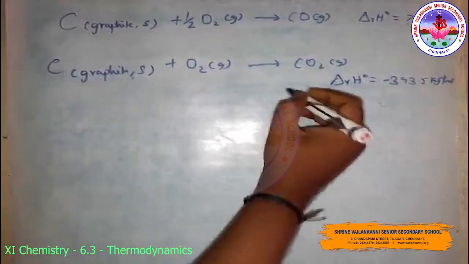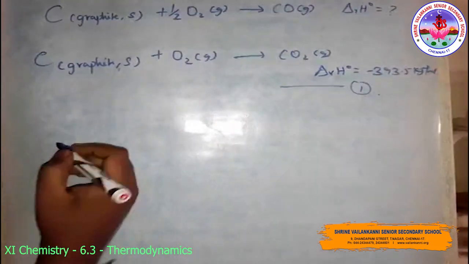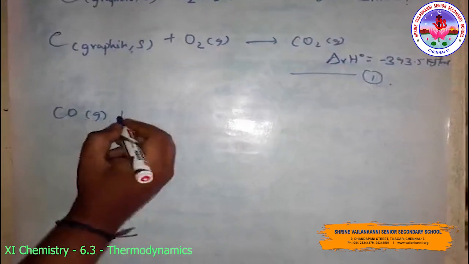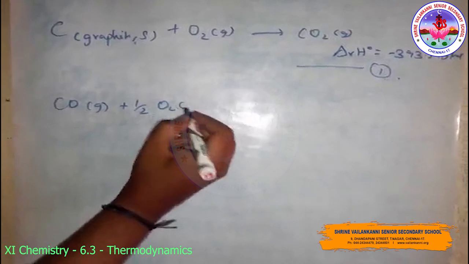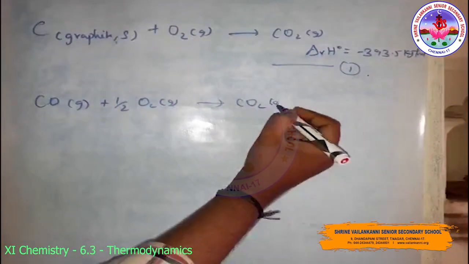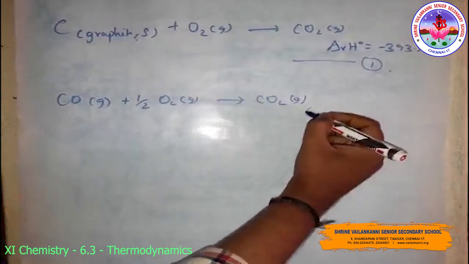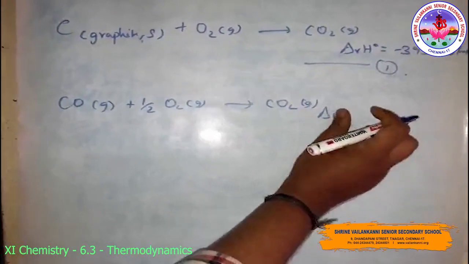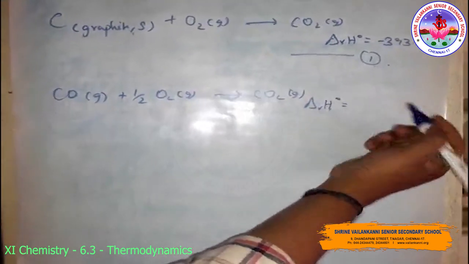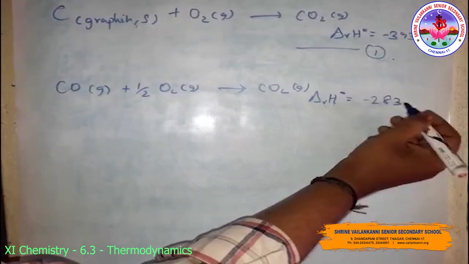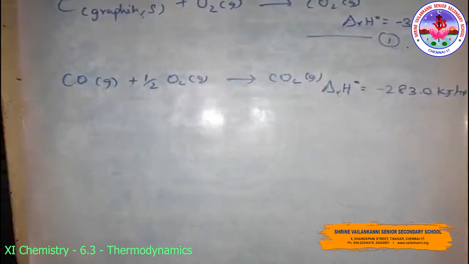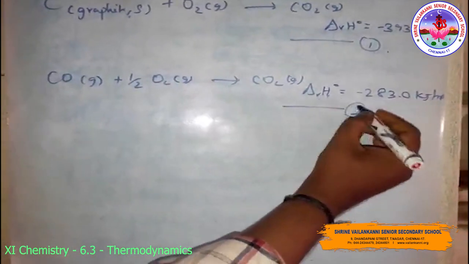This is equation number 1. And carbon monoxide gas reacts with half a mole of oxygen gas to produce 1 mole of carbon dioxide gas. Here the standard enthalpy of reaction, delta H naught, is minus 283.0 kilojoule per mole. This is equation number 2.